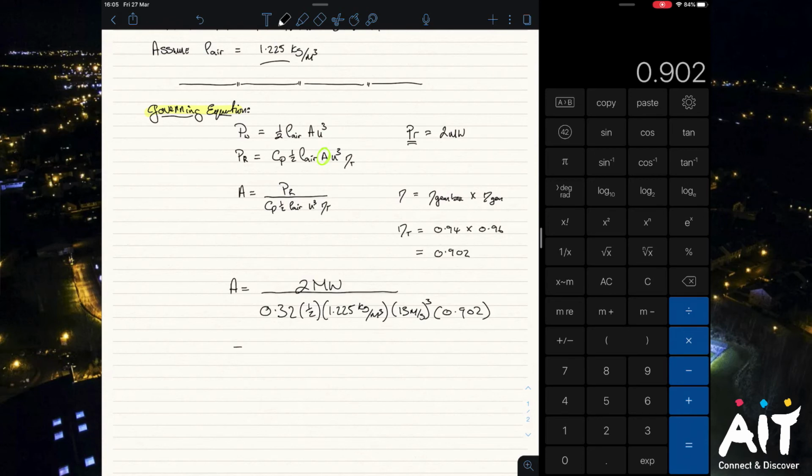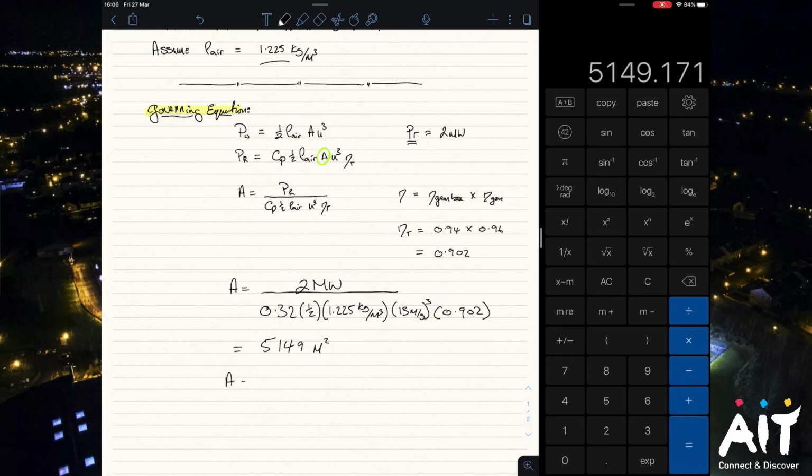When we do the calculation on our calculator, we find that our area is 5,149 meters squared.